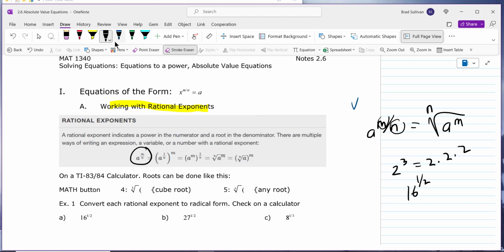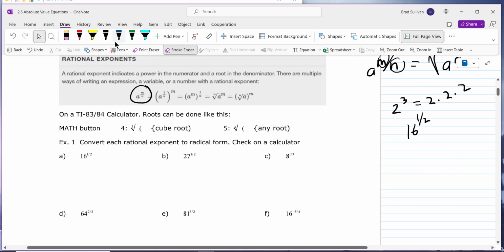So for a long time, we thought fractional exponents don't make any sense. Well, they do. They end up really being radicals. So the idea is if you have some number to a fractional exponent, you can work it out by changing it to a radical. So that's what I want to go through first of all.